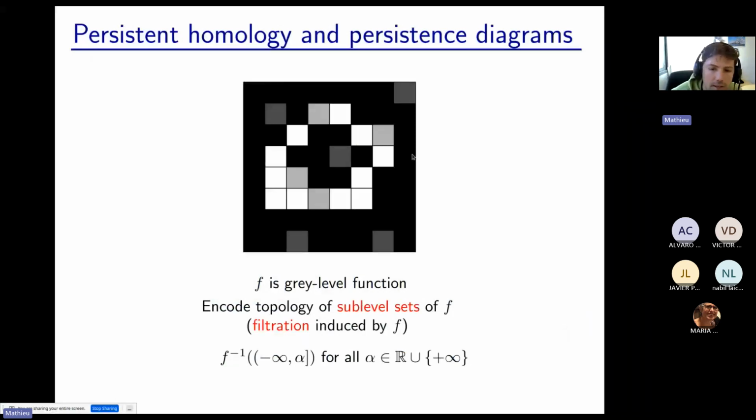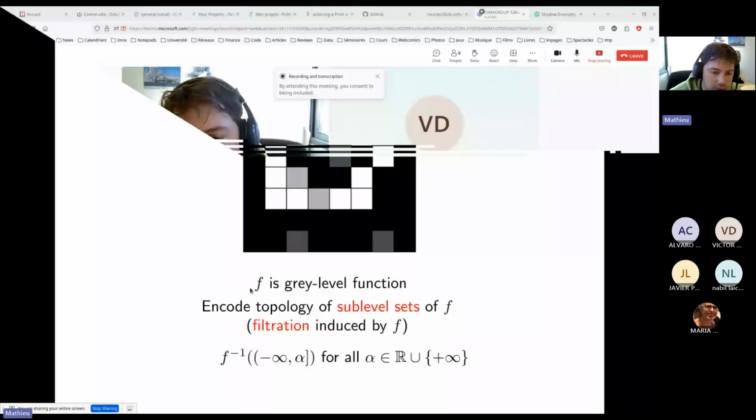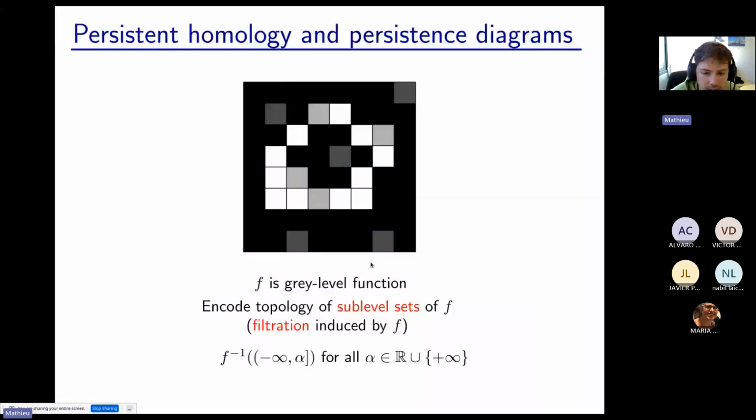The easiest is to go with an example, because I think it's very compelling. Let's say our data set is this one, an image of a 0. As a filtration, we will use a function which is just the pixel value, the pixel intensity. The sub-level sets of this function are just the subset of pixels whose function value is at most some threshold alpha.